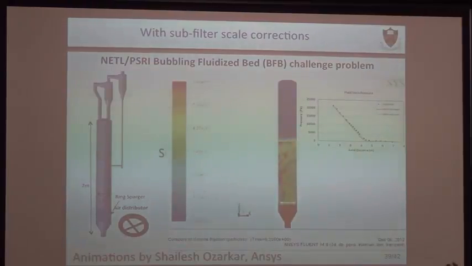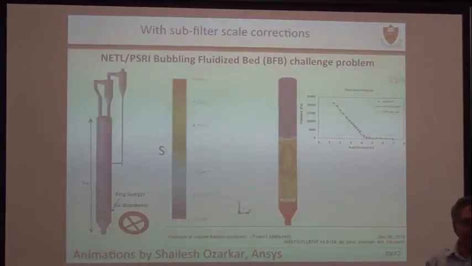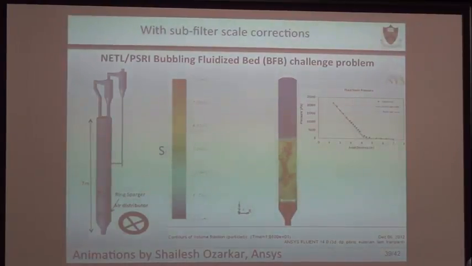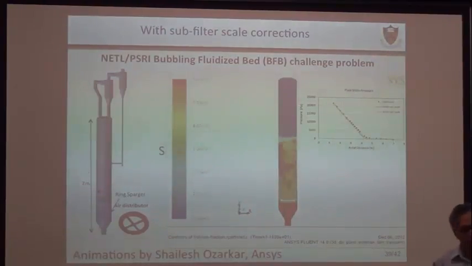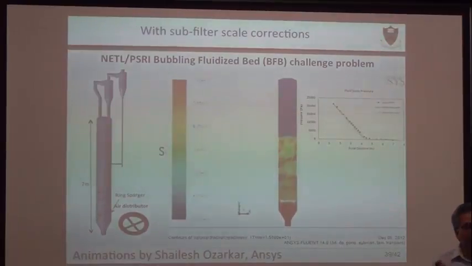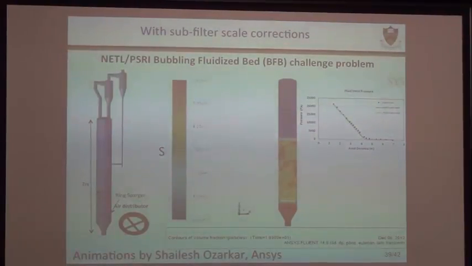No. There are certain features of the experiments that we are still not able to capture properly, and we are working on figuring out how to capture these systems. So the gross features we are beginning to capture well. This is principally because we figured out that in the coarse grids, your drag is highly falsified, and how to correct for that, how to identify the scaling for that, is what we have done.